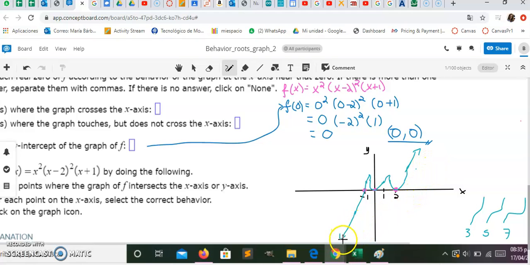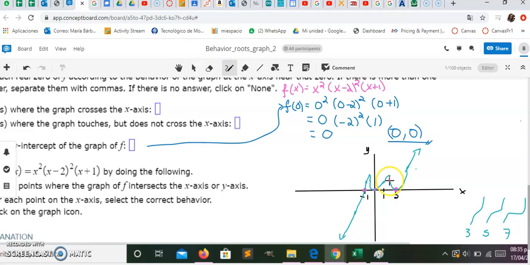As you can see, it is falling to the left, and it is rising to the right. And then where x equals -1, as the multiplicity is an odd number, 1, it just crosses. Then it goes back, and in x equals 0, as the multiplicity is 2, it bounces, okay?